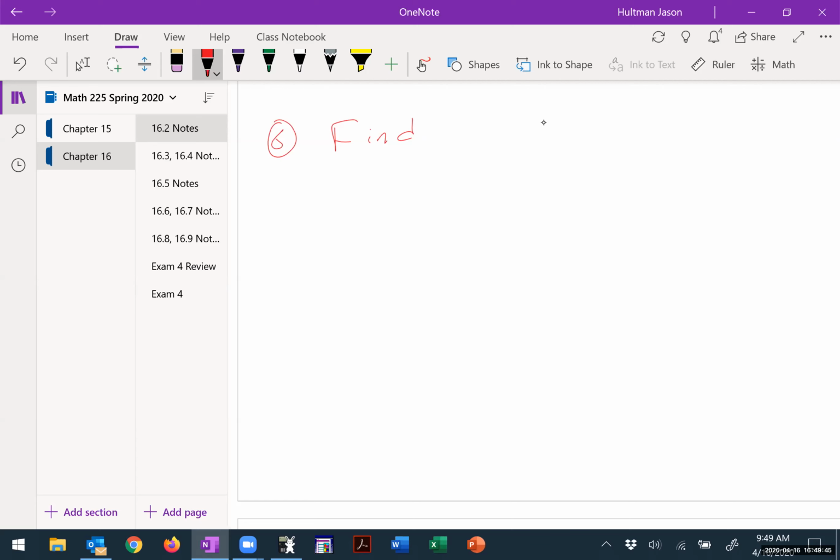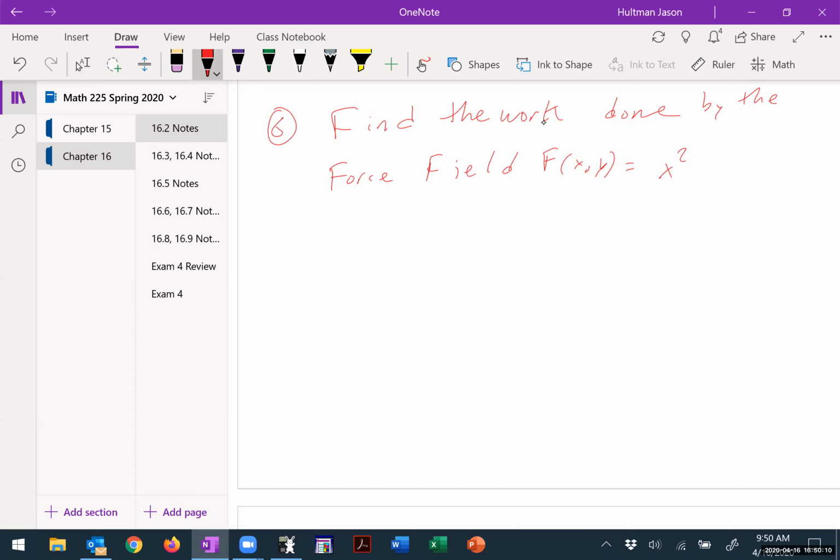Find the work done by the force field F of xy equals x squared i minus xy j. Now if that freaks you out, the i's and the j's, just turn it into a vector.